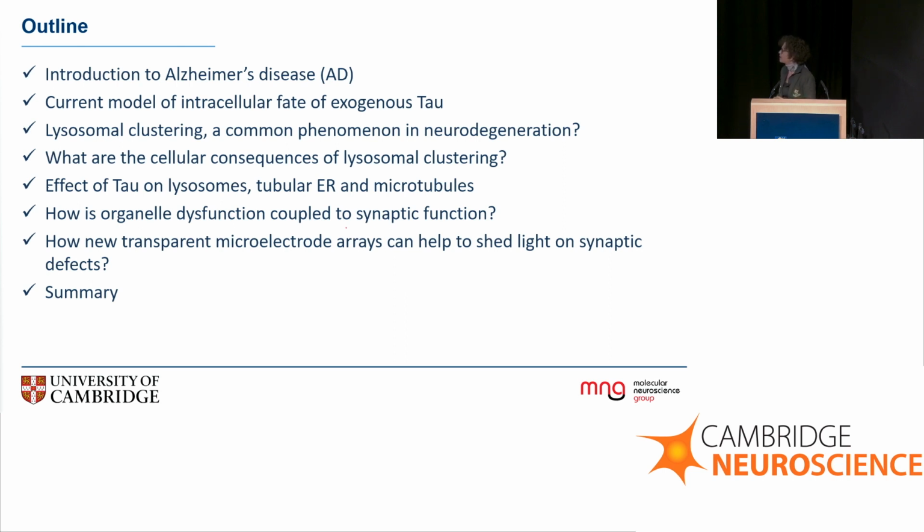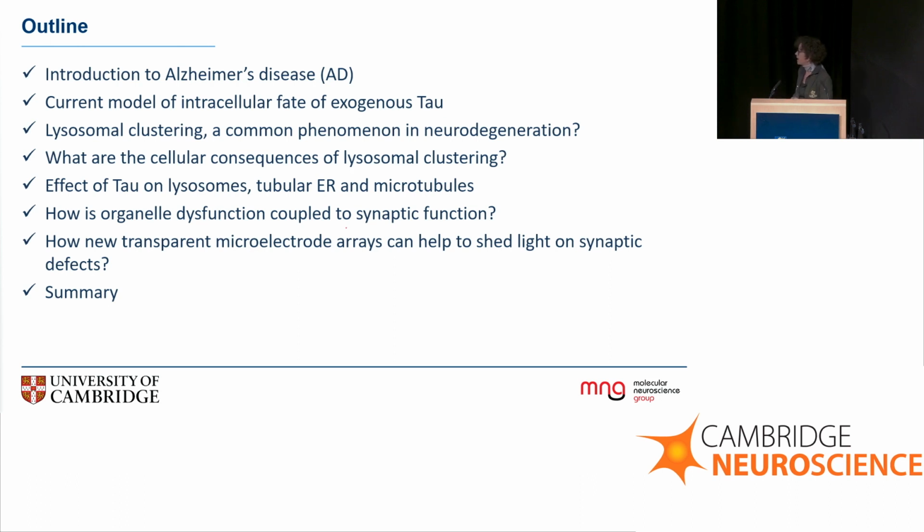I will then talk about the effect of this exogenous tau on lysosomal clustering, as well as other organelles such as the tubular endoplasmic reticulum and the microtubules. And then I will continue by showing how this organelle dysfunction that we can see in these cells is coupled to a synaptic dysfunction as well.